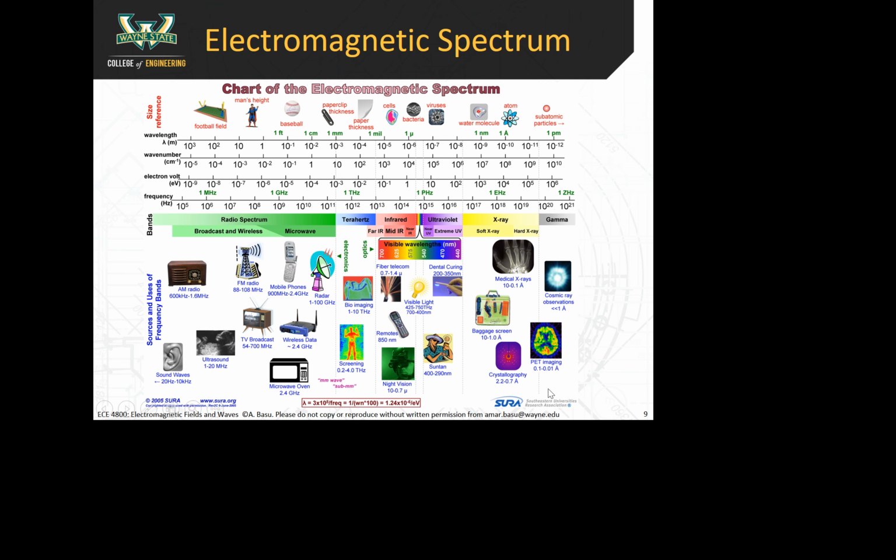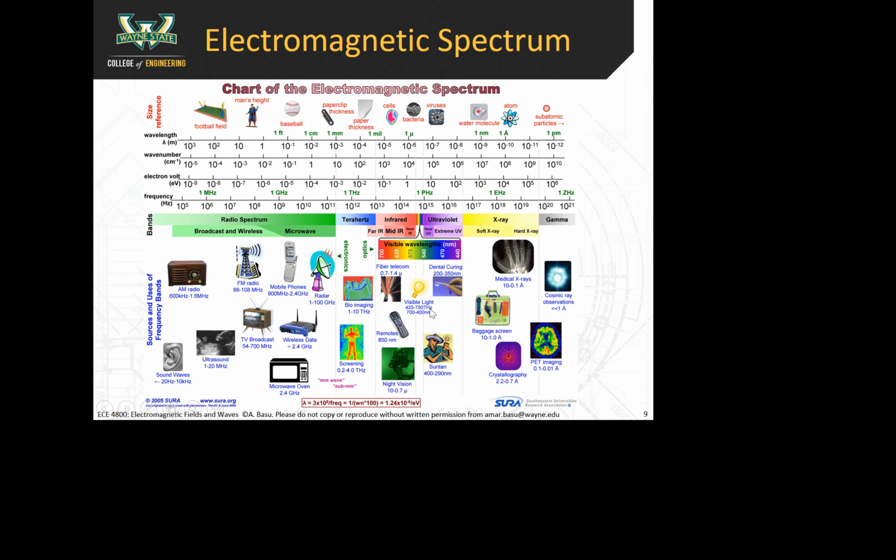And by the time you get to 10 to the 20th, 10 to the 21 hertz, this is gamma radiation, very high energy radiation, small wavelengths, high frequency. These are often emitted from astronomical objects. There are some types of gamma radiation which are used in PET imaging.